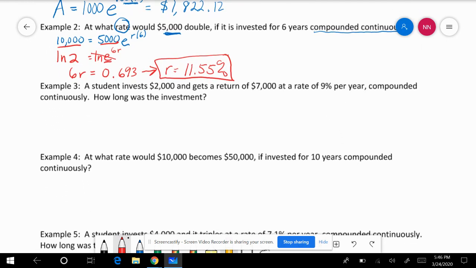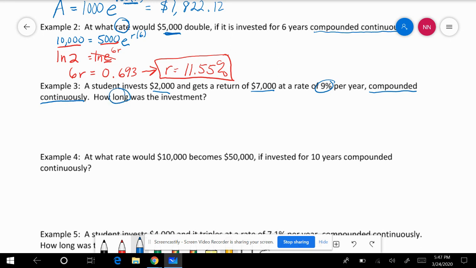Now, if we're looking at example 3, it says invest 2,000, gets a return of 7,000. Our rate is 9%. It's compounded continuously, so we know we're going to be using the PERT formula. How long is the investment?